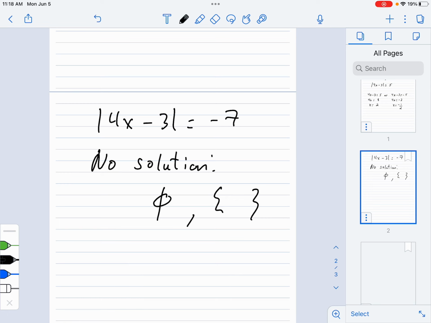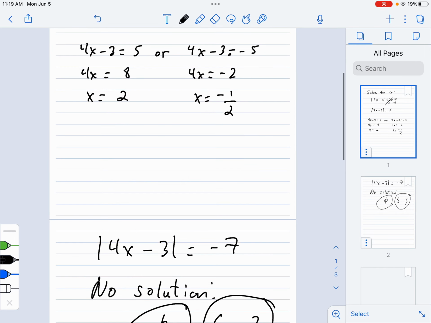Sometimes, when we're writing these answers out, we think of them as sets, collections of solutions. So when we're saying either this symbol or this symbol, we're saying there are no answers to this. And here we can do that by taking the 2 and the minus 1/2.